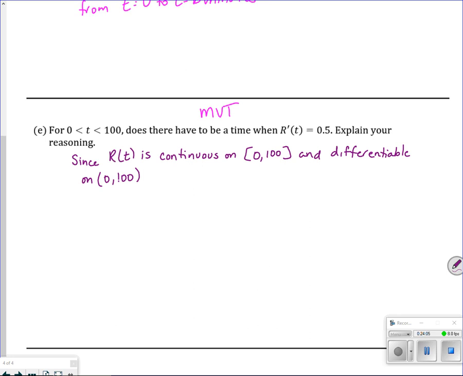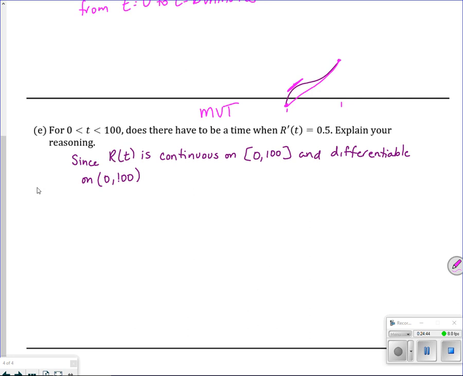Now, again, do you have to write the words MVT? No, you do not. So you don't have to state it, but remember what the MVT says. Let me just draw some funky picture. If you have the slope of the secant line here, I promise you there has to be a value within the interval where the tangent line or the derivative is equal to that slope of the secant line.